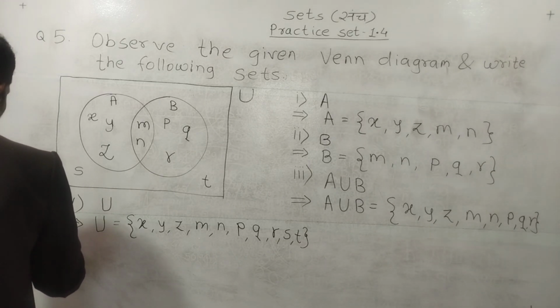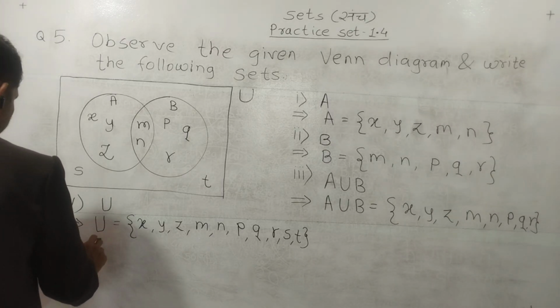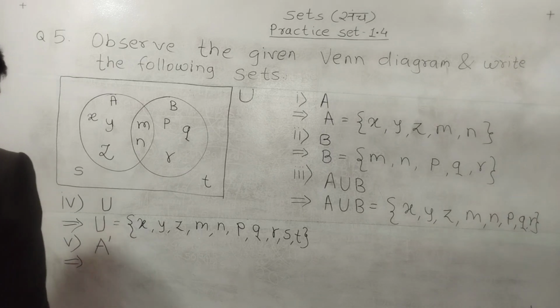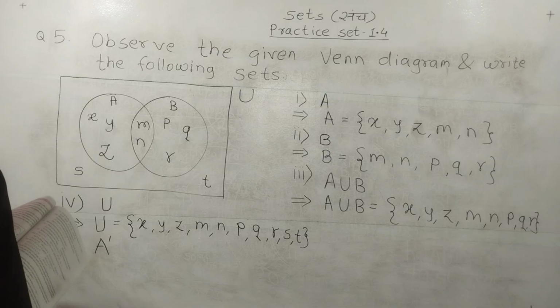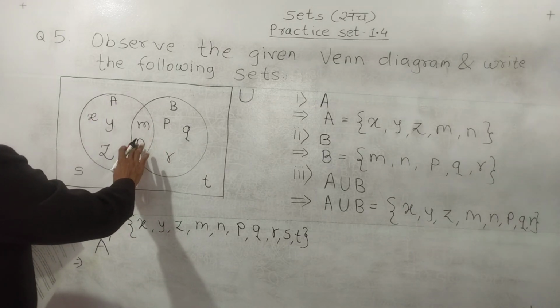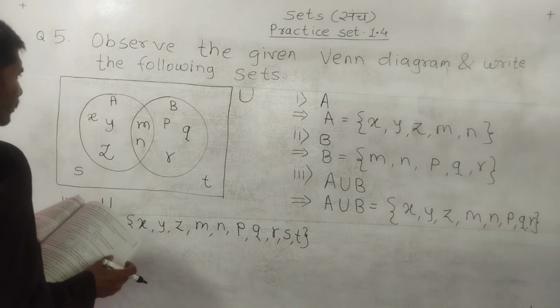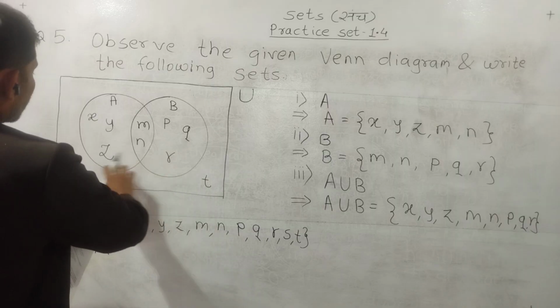Okay, so now fifth example, we have to write A dash. So how can we write A dash? A dash means the elements which are coming outside of the set A. Which elements are outside of the set A? Those are p, q, r, s, t.